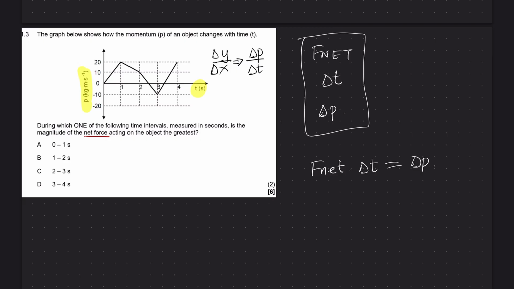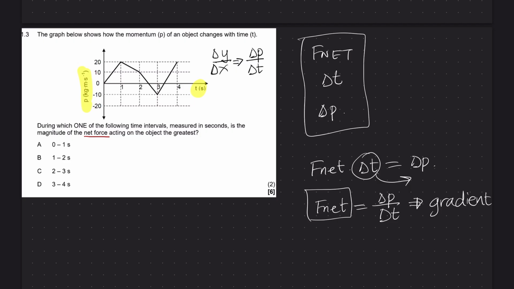So we can rearrange this formula: F net is equal to delta p divided by delta t, which is the gradient. So if they want to know where F net is the greatest, all we need to look at is where the gradient is the steepest. And we can see that the gradient is the steepest in this region. So it is from 3 to 4 seconds. The answer is D.